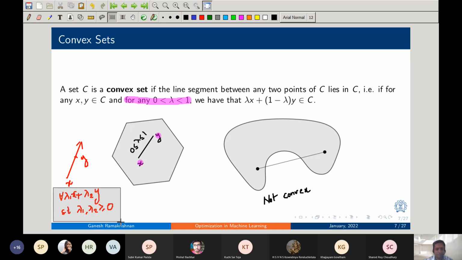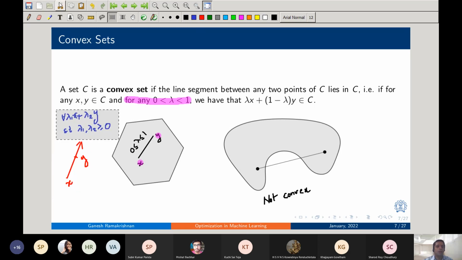So let's understand the three settings. This is my definition. What I've shown here is a special case, when lambda1 and lambda2 are both greater than or equal to 0.